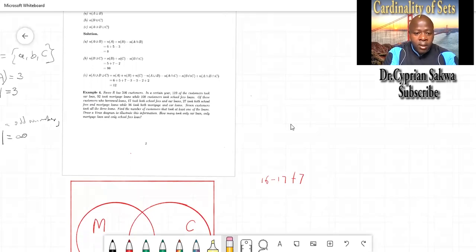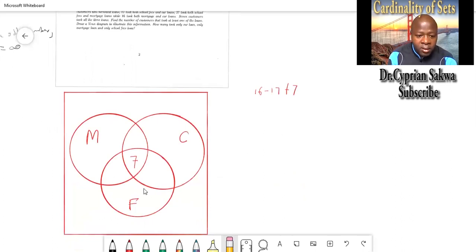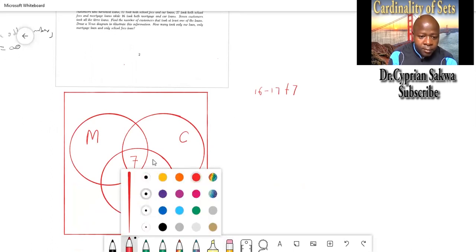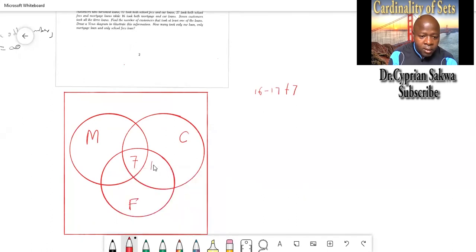Let's go to where school fees and car is. This is school fees and car, 17. So this is already 7. That means I only need a 10 here because already 7 is in the intersection. So this is 10, school fees and car.